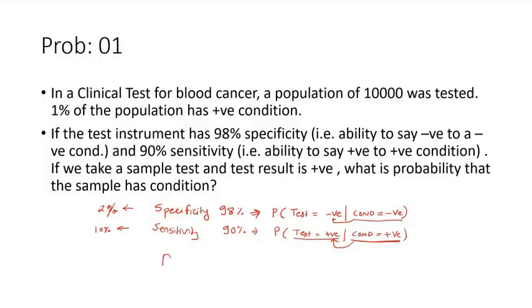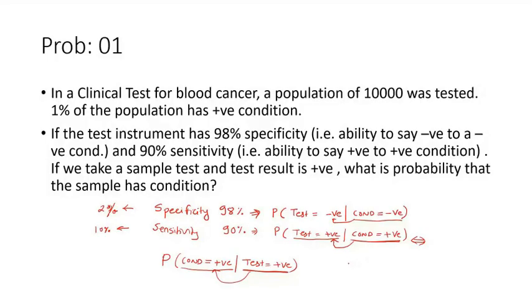So what is asked is the probability that the condition is positive when the test is positive. Okay, so your machine is saying you have cancer, and what is the real chance that you have cancer. So the reverse of this probability is asked of you.